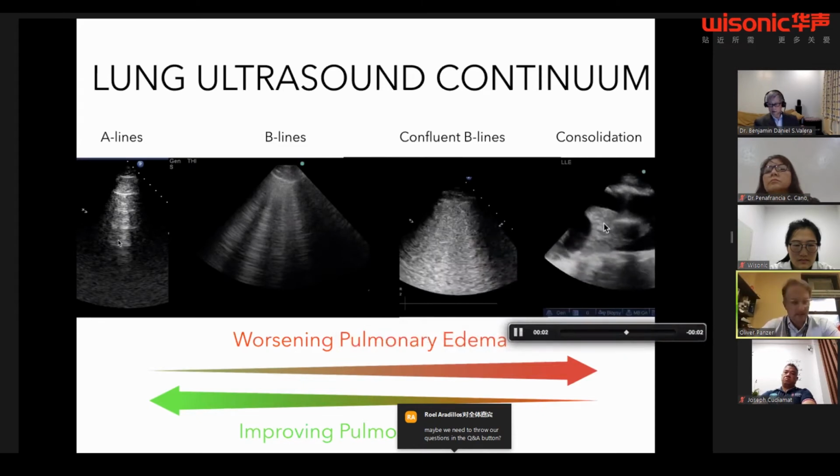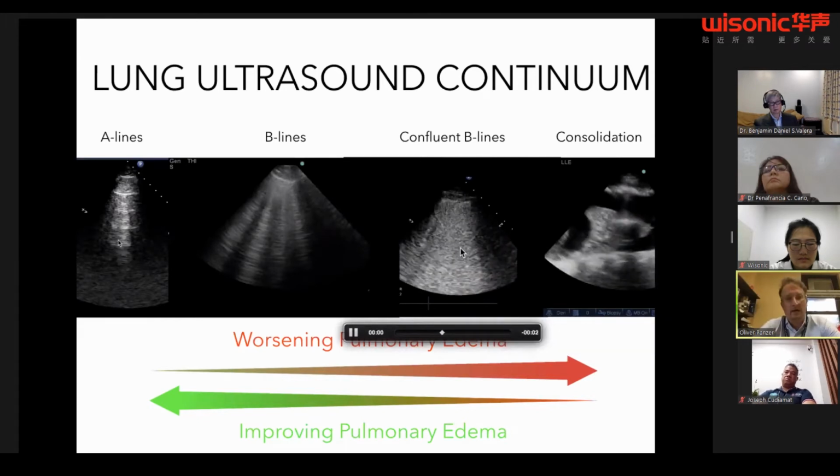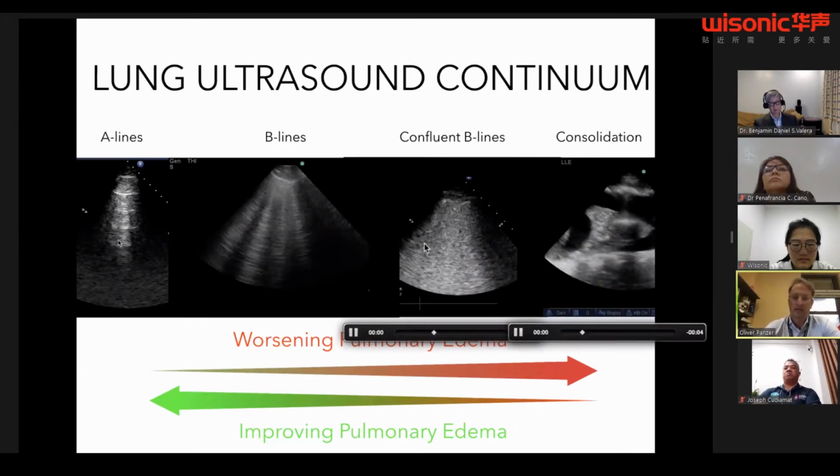What's important to highlight, though, is if you treat these patients and do regular exams, you can use this as well to get a glimpse of improvement. Because if you had consolidation beforehand, now you have confluent B lines. This is a sign of improved aeration of the lung. So it goes both ways. If you do repeated exams, it gives you an idea if the patient's worsening, but it also gives you an idea if the patient's improving.